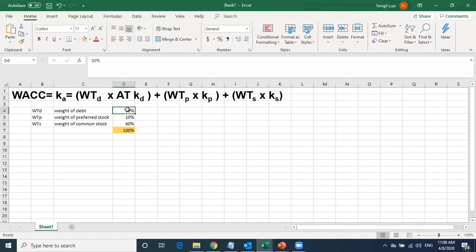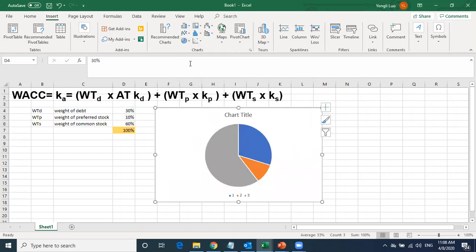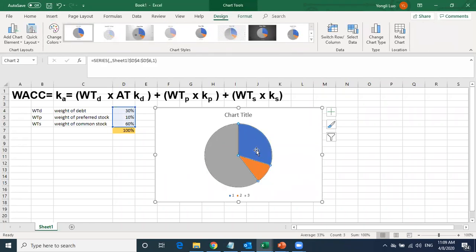That means your total asset can be classified into three different categories: debt, common equity, and preferred equity. If you use a pie chart, you will see this is the preferred stock, this is your debt, and this is your common equity.